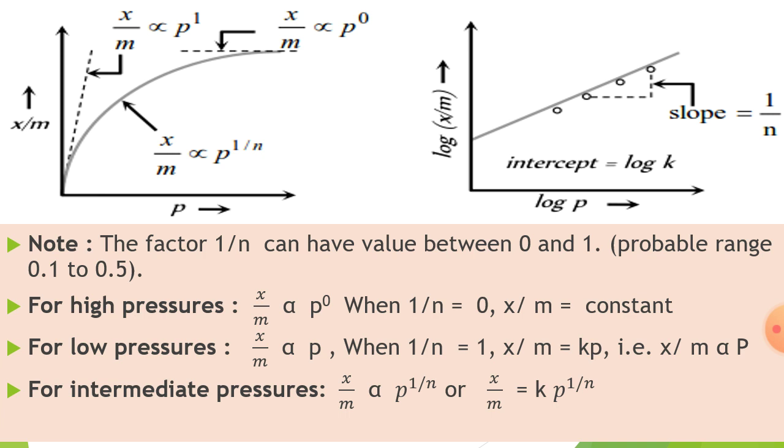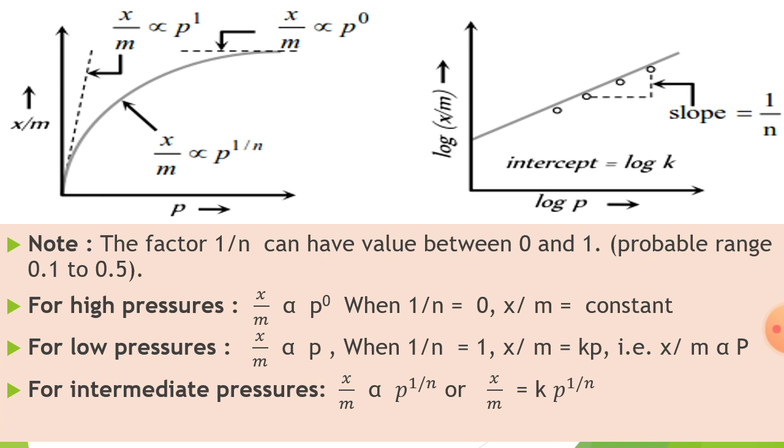Now dear students, some more points you have to know. Here x is the weight of gas adsorbed by m gram of adsorbent, that is, x is the adsorbate and m is the adsorbent at a pressure P. Here P denotes the pressure. Thus x by m represents the amount of gas adsorbed by adsorbent per gram, that is unit mass, and K and n are constants at a particular temperature and for a particular adsorbent and adsorbate.